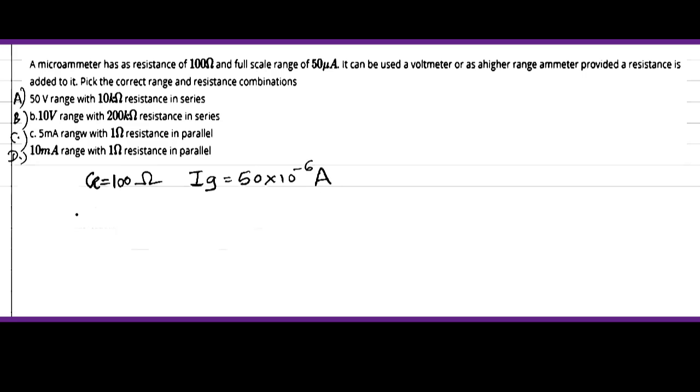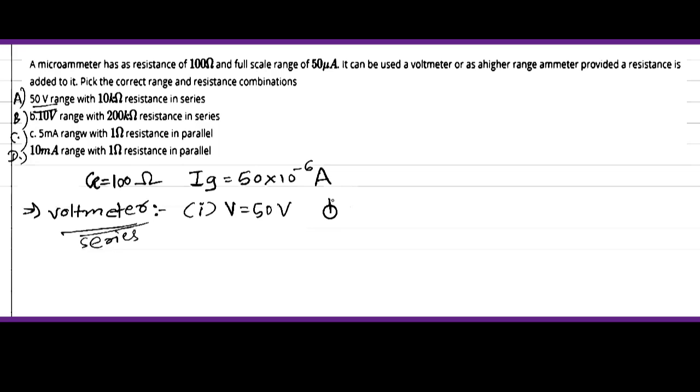To use the given galvanometer as a voltmeter, a large resistance should be connected in series. So, from our first option, assume that V is equal to 50 volt.